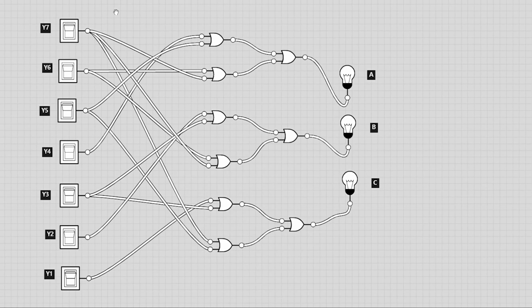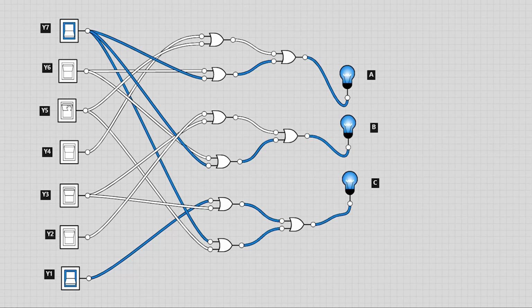And we are going to see the simulation of the encoder. Y7, Y6, Y4, Y3, Y2 and Y1 are inputs. Y1 is high, C is high, others are low. Y7 is high, all outputs are high.